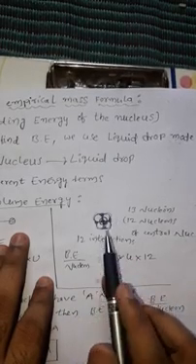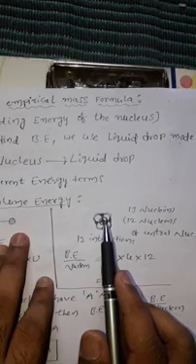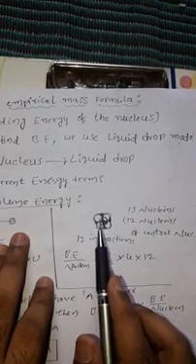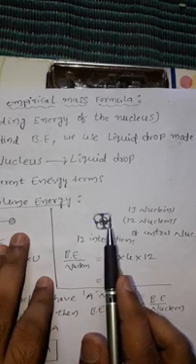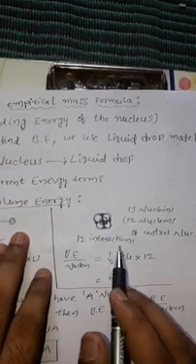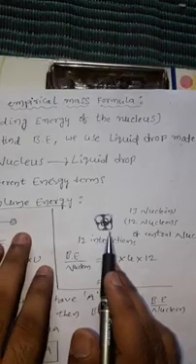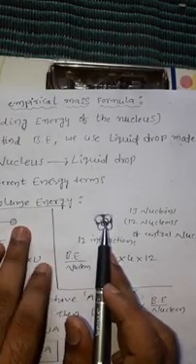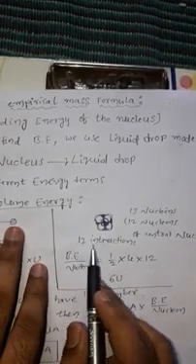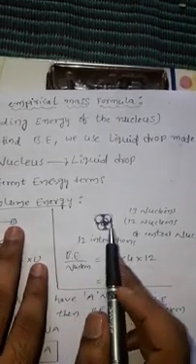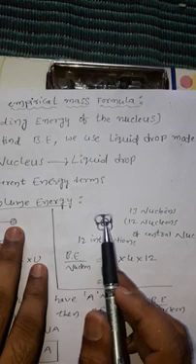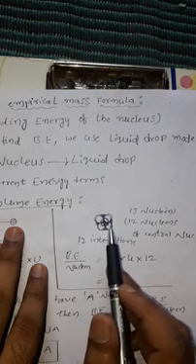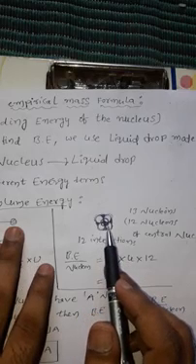That means 4 nucleons front side, 4 nucleons back side, and 4 nucleons left and right side. So how many interactions are there with this center nucleon? 12, obviously 12.